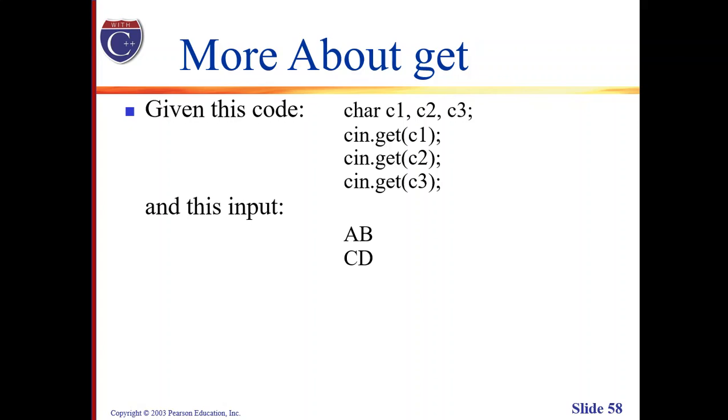Now let's talk more about get. For example, we have the following code. We declared three character variables, C1, C2, and C3. Then we use the get function to provide input for each of these variables.